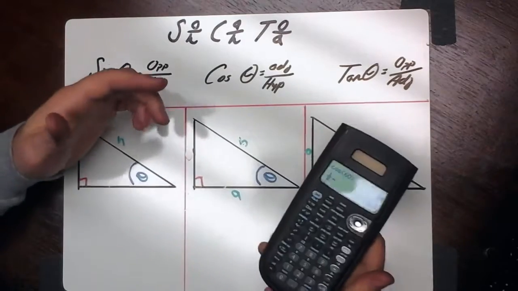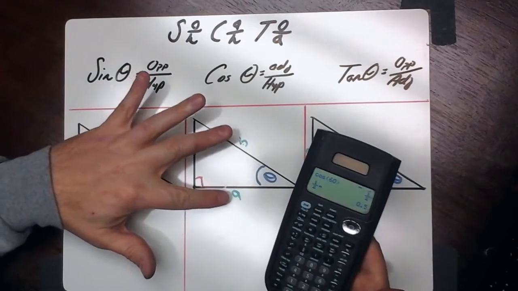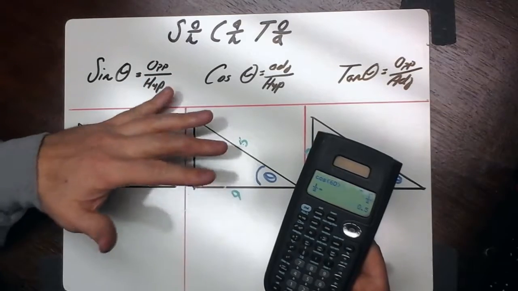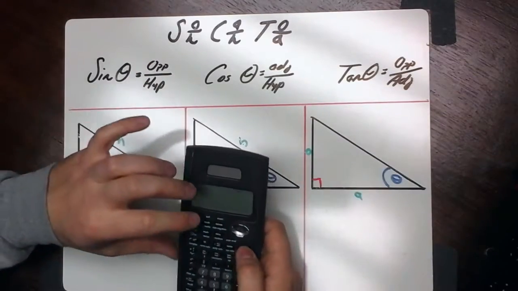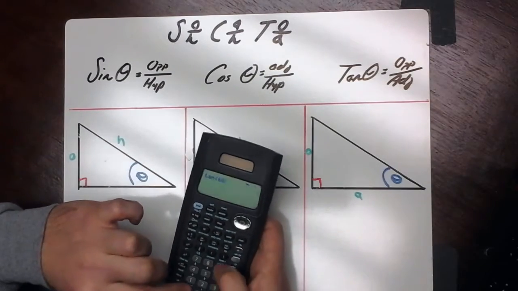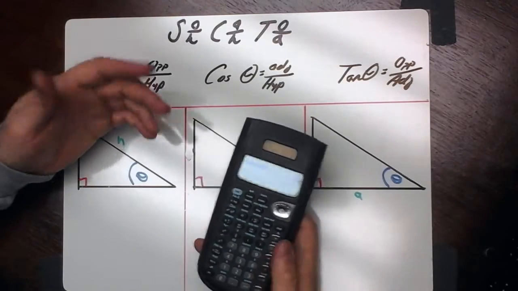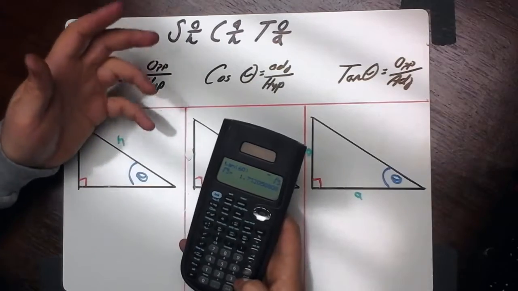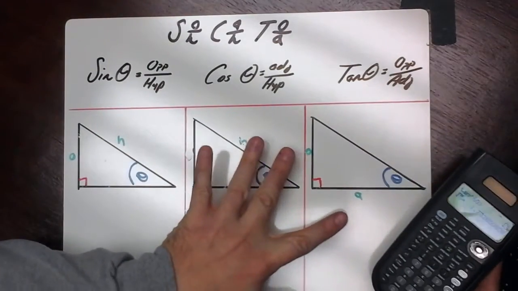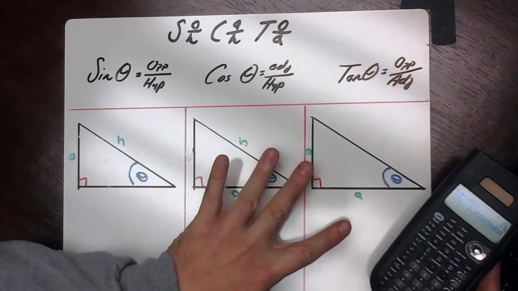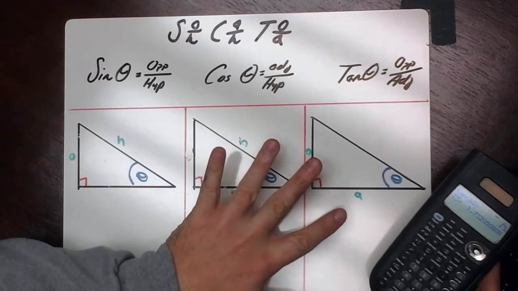You'll see you get 0.5. Well, that's the ratio that exists at 60 degrees between the adjacent and the hypotenuse. Then tangent at 60, and I'm just using 60 as a standard angle. We get square root of 3, or radical 3, and it's 1.73. And that's the ratio that exists at 60 degrees between the opposite and adjacent side.